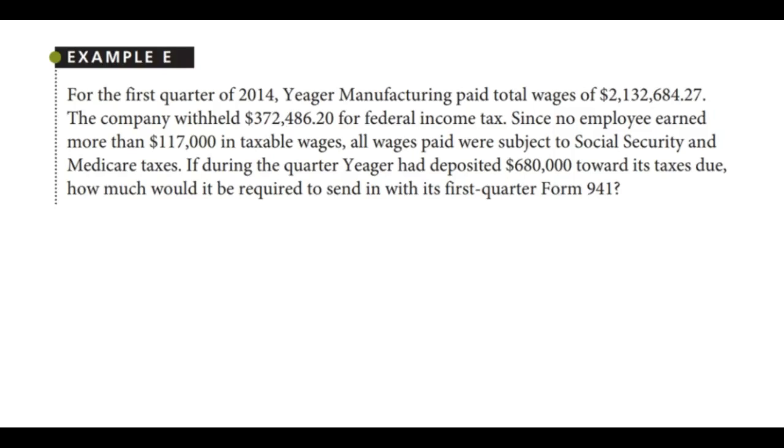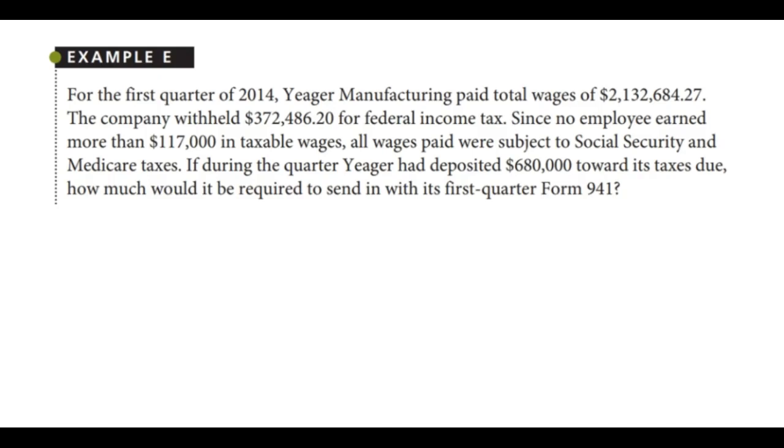All right, we're going to look at example E from Learning Objective 5 from Chapter 10. Just to note, I mentioned in the previous PowerPoint for Objective 3 from Chapter 10 that the payroll taxes on gross earnings are levied on both the employer and the employees, referring to FICA, the Social Security tax, and Medicare tax.